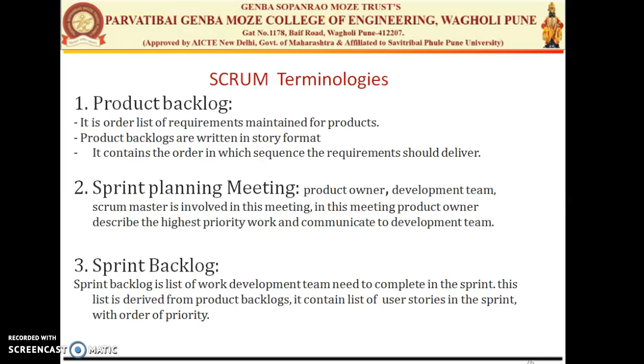Next is your sprint planning meeting. The product owner, development team, and Scrum Master are involved in this sprint planning meeting. If required, outstanding beneficiaries can be invited. If there is a requirement for external technicians, they are also invited to this particular meeting. The product owner will describe the highest priority work and communicate with the development team.